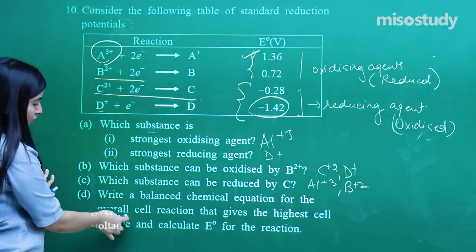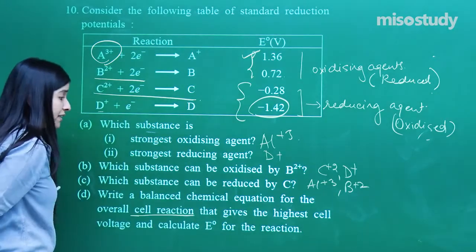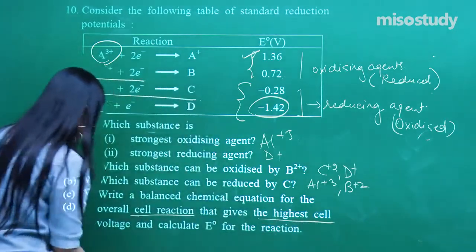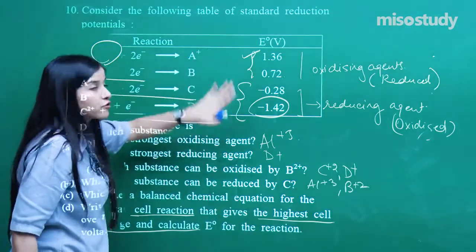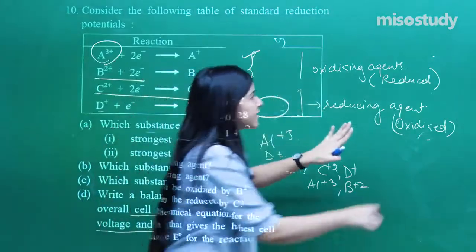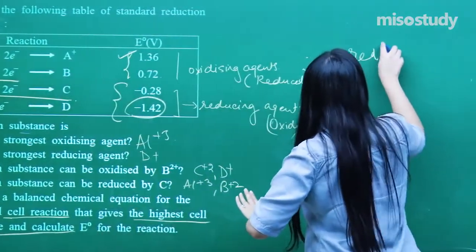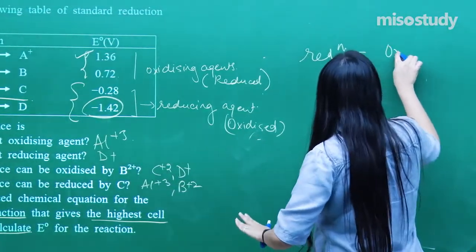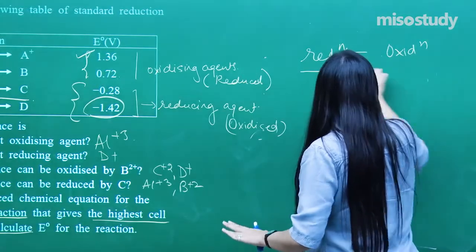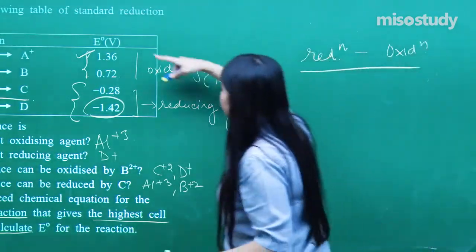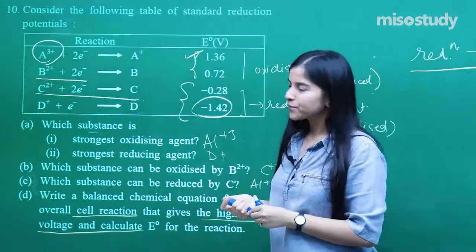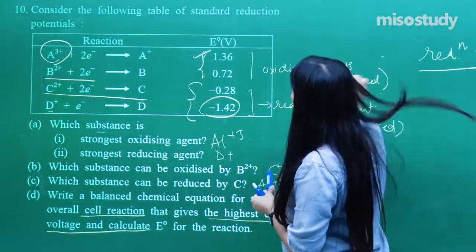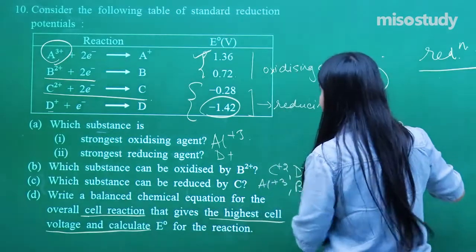Write a balanced chemical equation. Now this is important, for an overall cell reaction that gives the highest cell voltage. How can I find out the highest cell voltage? For that, I need reduction process minus oxidation. We know this. And reduction minus oxidation must be such that I get the highest value. Fine. And in that case, what can you do? Tell me.